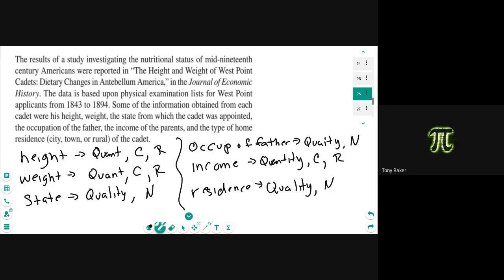The population they were studying is mid-19th century Americans, looking at changes in antebellum America, which is basically the time before, during, and right after the Civil War. But they were looking at the heights and weights of West Point cadets, which is literally the cream of the crop in the United States. So yeah, that's one big one. Normally people come up and ask why they didn't ask the occupation of the mother.